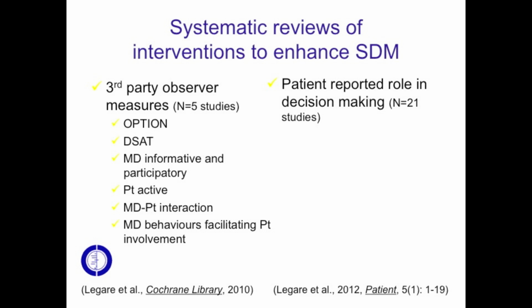So the other area of measurement that I want to refer to is the work around systematic reviews of interventions to enhance shared decision making. And this is work that's being led by France Légaré, and one of the Cochrane reviews that we've done looks at third-party measures of shared decision-making.